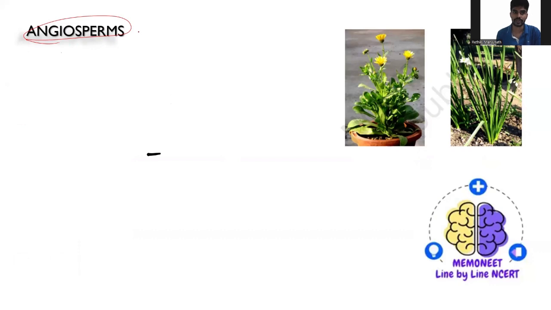Angiosperms are the flowering plants, with well-structured pollen grains and ovules developed in a specialized structure called flowers. In angiosperms, the seeds are enclosed in fruits.